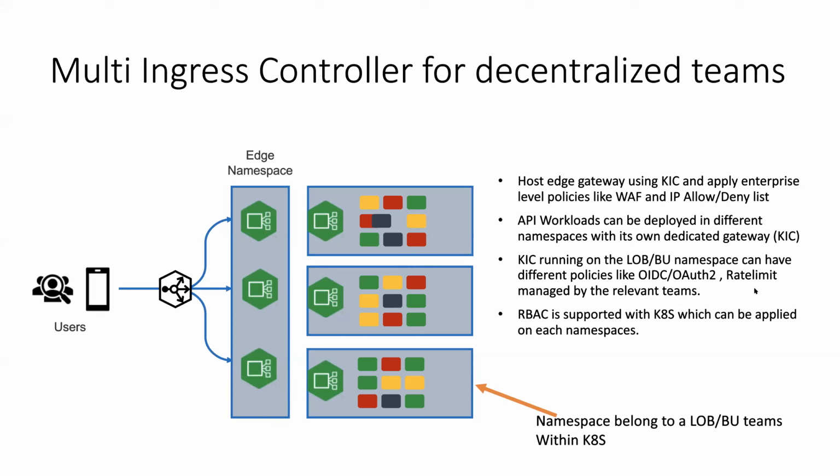This way they segregate the responsibility of applying WAF policy at the edge, while any application-specific policies like OpenID Connect, basic auth, or some kind of RBAC needed to secure your services can be applied at the specific namespace which hosts the application. We are seeing this architecture referred to quite often by a lot of customers, and they are adopting it quite fast.